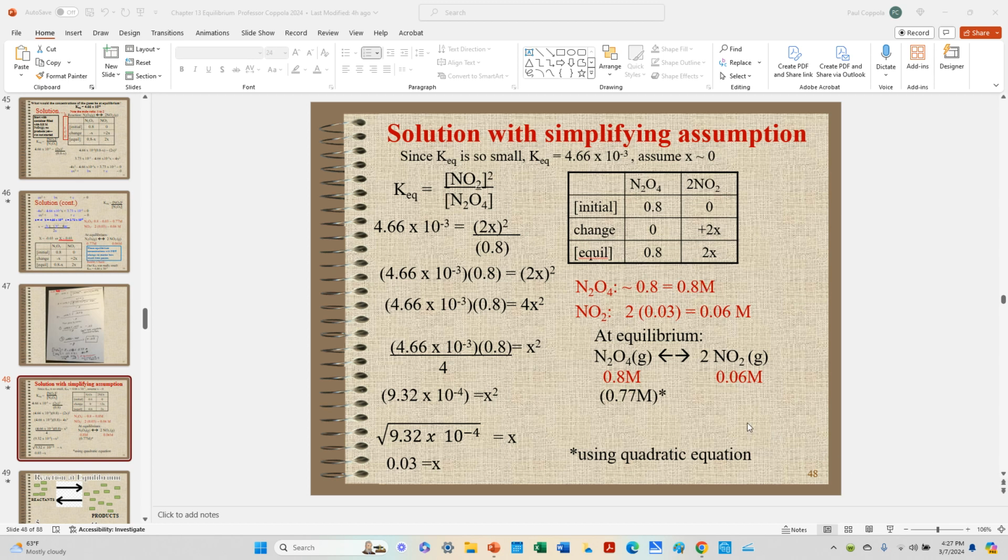Okay? So we can make that assumption. In reality, actually 0.03 was used. So it would actually end up at equilibrium as 0.77 molar. And that's if you use the quadratic equation. Alright, so we assume this is 0 just so we can avoid the quadratic equation.